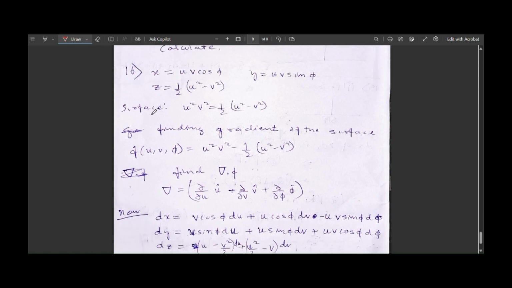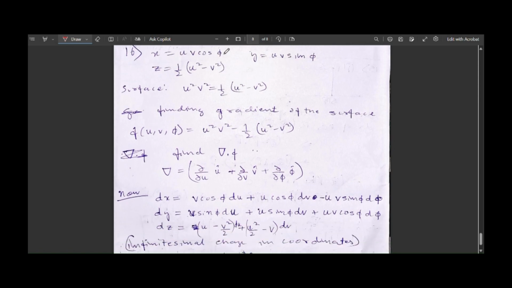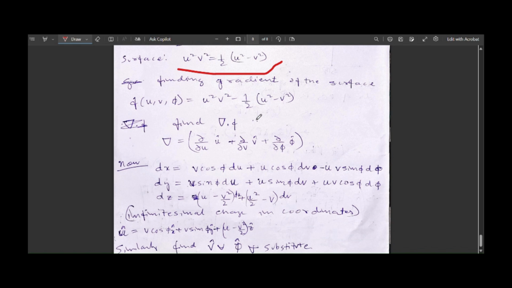So the concept is that we have been given the parabolic coordinates. x is equal to this, y is equal to this, and z is equal to this. The surface is given by u²v² = ½(u² − v²).